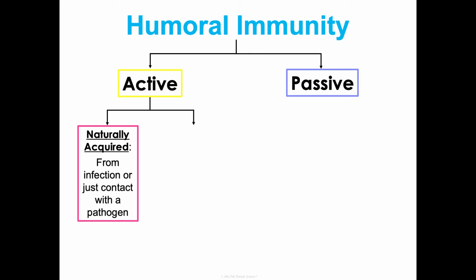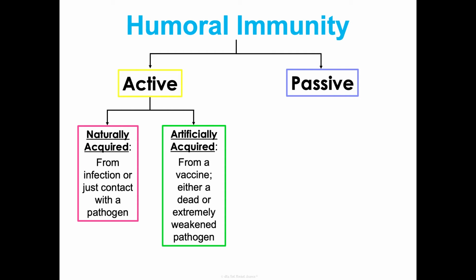Maybe it doesn't make you sick, but that's a natural way that you've been exposed to this said pathogen, and your body's going to actively create a response to it for the future. It can also be artificially acquired. So we can artificially give you a vaccine that either has a dead pathogen in it or an extremely weakened pathogen, to expose your immune system to it and then force it to actively make a memory of it in case it gets exposed again in the future.